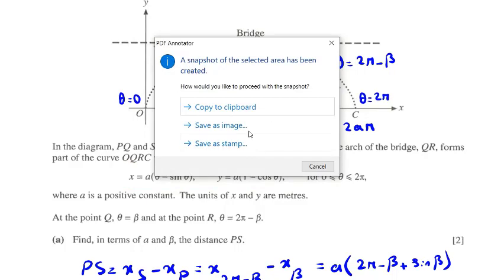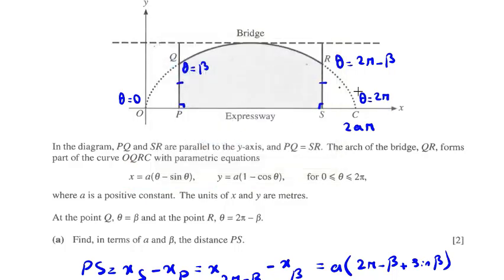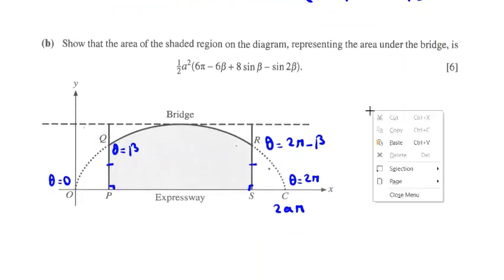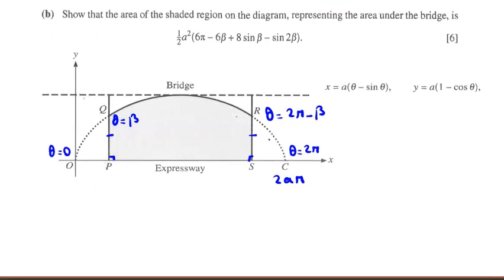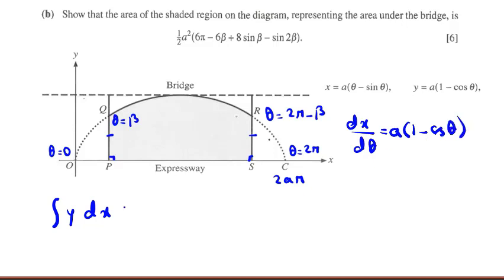In the picture, theta here is 0, theta here is 2 pi, so we can paste this part here. We want to find the area of the shaded region. It is equal to the integral of y dx. x is this, so if we differentiate dx with respect to theta, it will be a(1 minus cos theta).